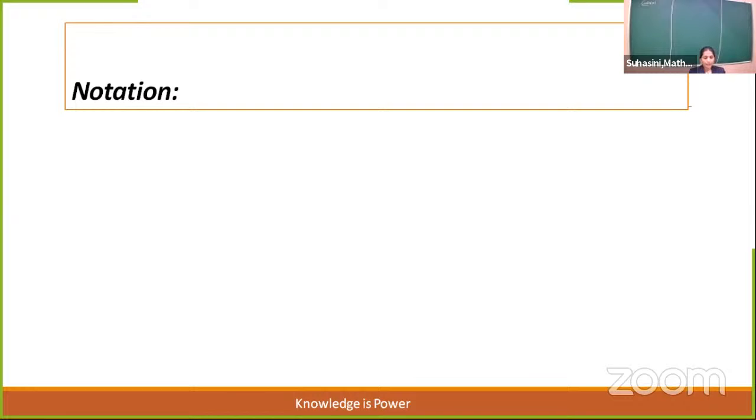Hope you all have done the exercise problems. Today we begin with the standard notations. These notations help us to discuss the coming problems of the exercise.